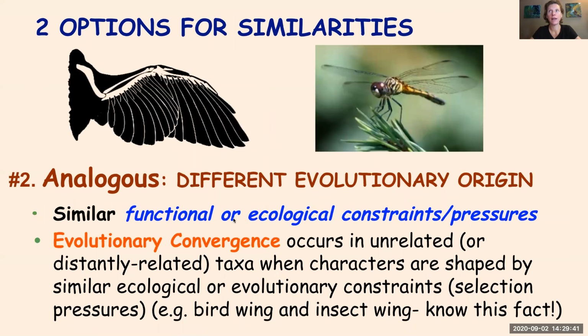And then you have analogous. Analogous structures have a different evolutionary origin. That was mentioned in the review today. The wing of the bird or bat is a different origin than the wing of an insect. They do not have a common winged ancestor, so you cannot trace that wing back to a common ancestor.